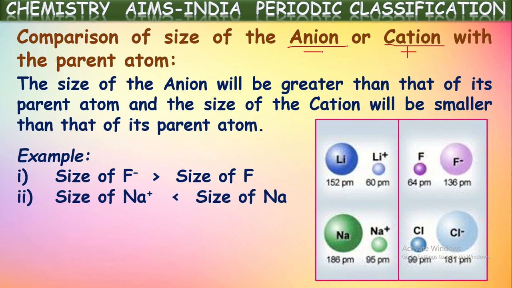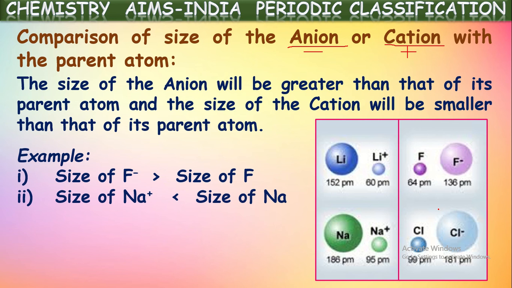Now, the size of the anion will be greater than that of its parent atom, because anion is being formed by the gain of electrons. When an atom gains electrons, there exist repulsions between the already existing electrons and the incoming electron. To overcome these repulsions in the outermost shell, the electrons move a little far from the nucleus to occupy maximum distance.